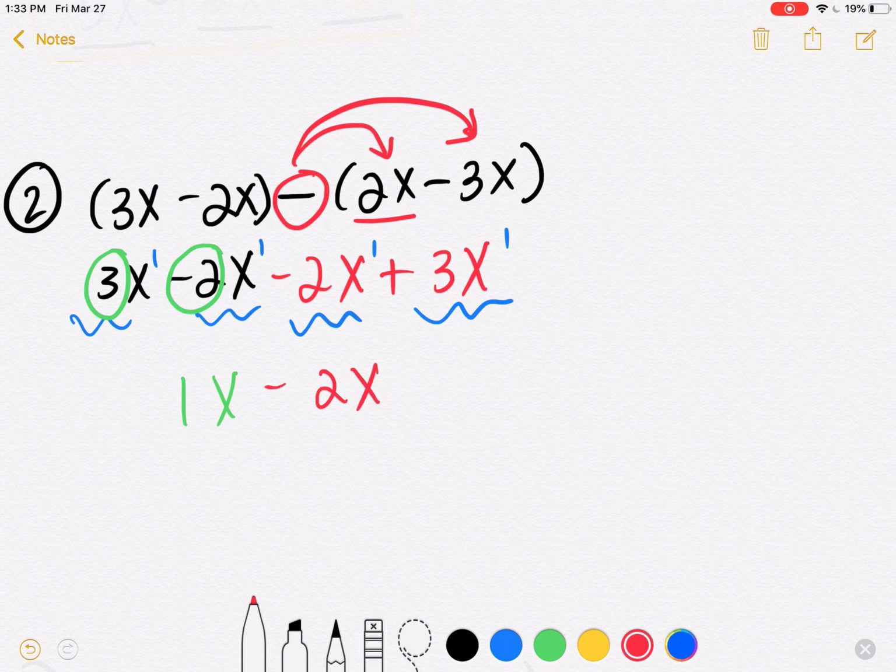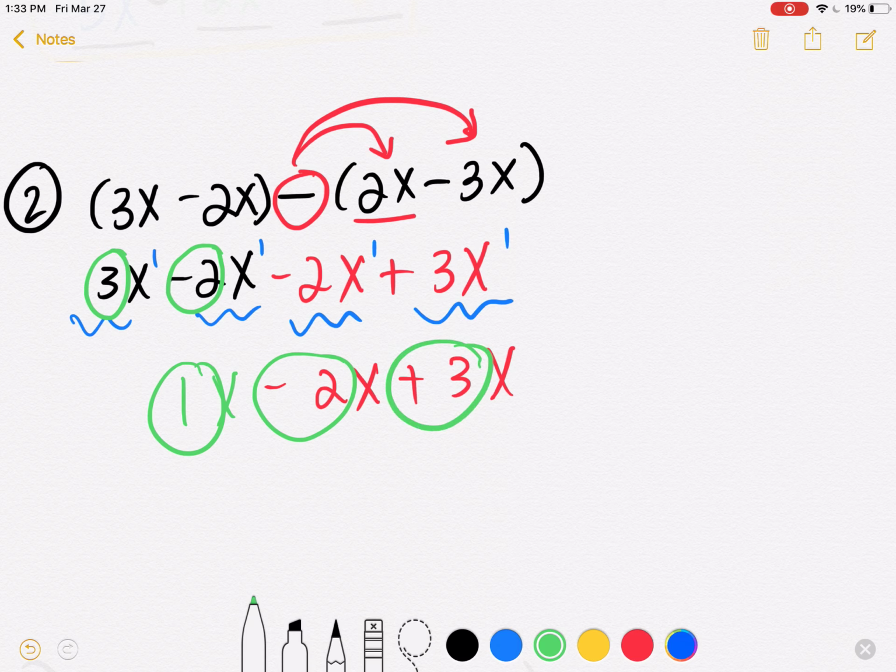If not, you could just add them all at once. Either way is fine. I don't really care how you do it. And then the second thing you want to do is keep combining. So just look at your numbers in the front. So 1 minus 2 is negative 1. I'm just going to keep adding. You could just put that negative 1x down, but negative 1 plus 3 is going to give you 2. So I'm going to say this is 2x, and this is your answer.